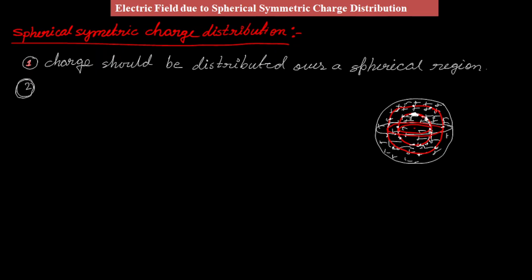Now sometimes what happens, let's say we calculate the charge density on the inner surface as well as on this second surface.